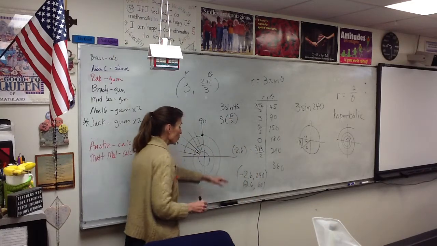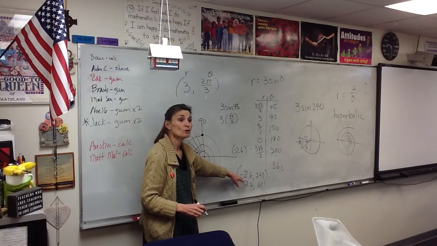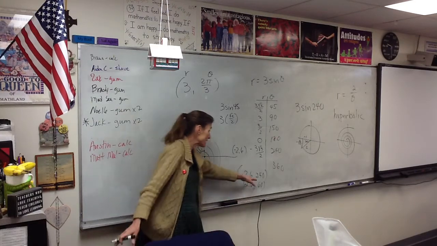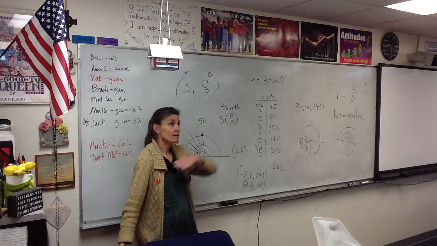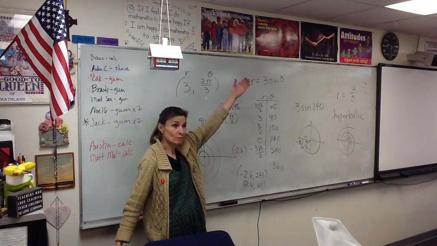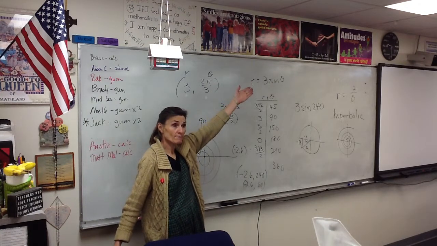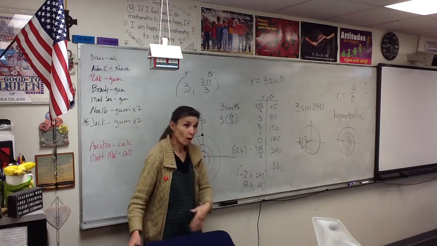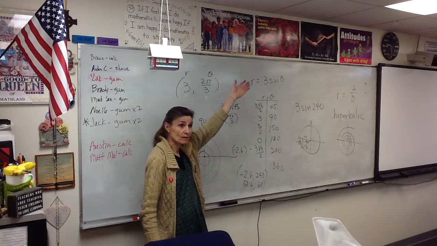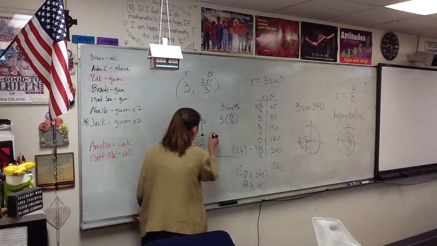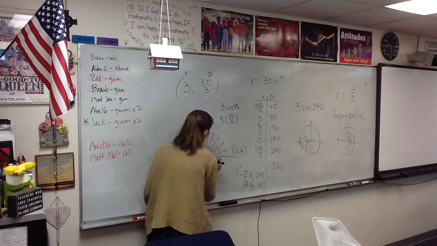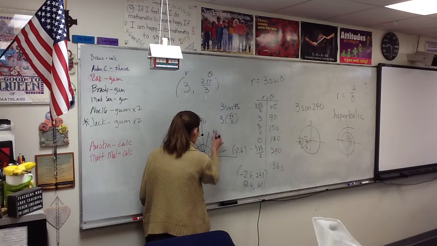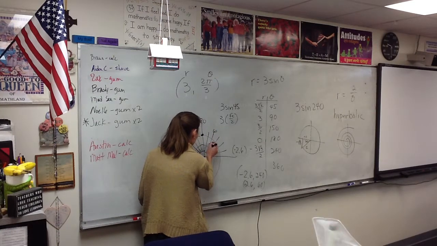Because remember, what does a negative radius do? It moves you from, in this case, quadrant 3 into the opposite quadrant, which would be quadrant 1. So instead of having a 60-degree angle in quadrant 3, I have a 60-degree angle in quadrant 1. So it would be plotted 2.6, this is the 60. So 2.6, it would be plotted right there.